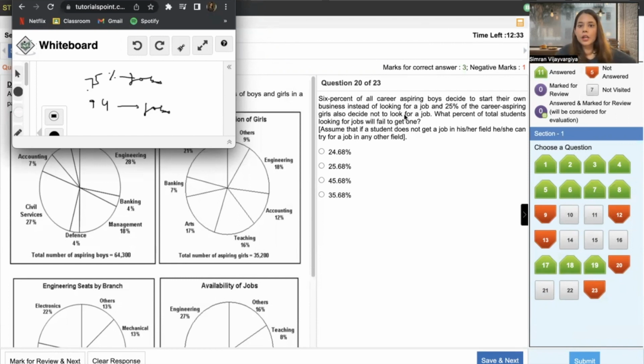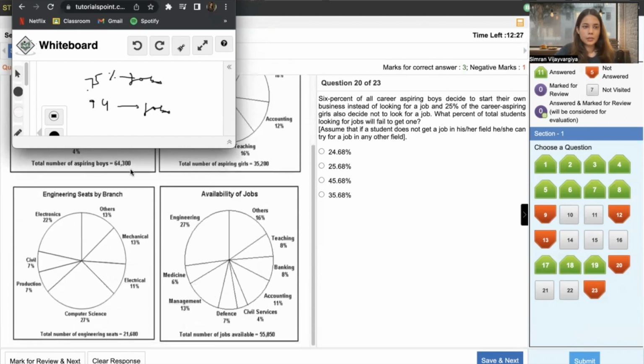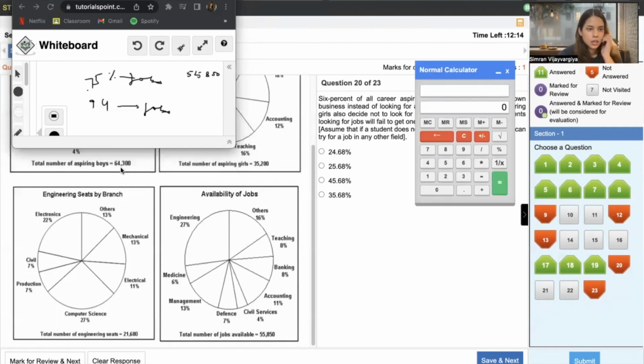Okay. What percentage of total students looking for jobs will fail to get one? We have the available number of jobs is 55,850. So let's just use the calculator right now. Total number of boys is 64300.